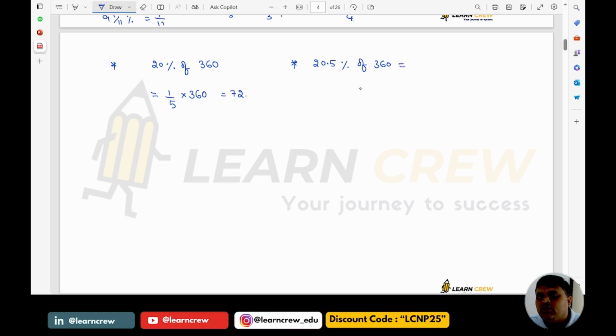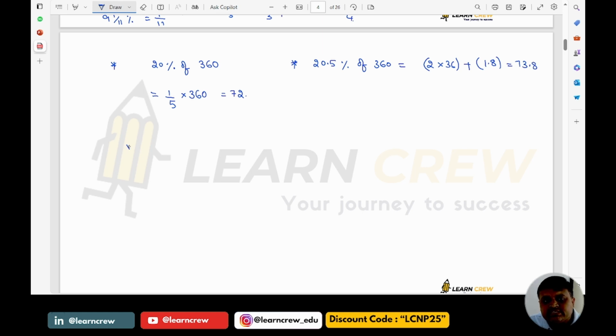So we already know that 10% is 36. 20% means 2 times of 10%. 10% is 36 and 1% would be 3.6. 1% is 3.6, which means 0.5% would be half of 3.6, which is 1.8. So 72 plus 1.8, which is 73.8.